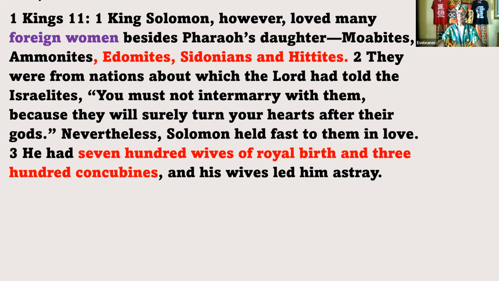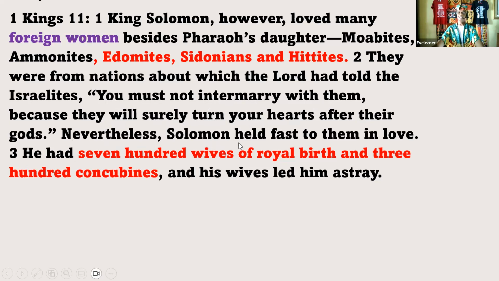And notice, when he said you must not intermarry with them, he didn't say it was because they are dark in color or part African. He said you must not do it because they will surely turn your hearts after their gods. So make note of that, because some people will have you think that the Bible is just totally against people of dark skin, and Africans, and that is not true.